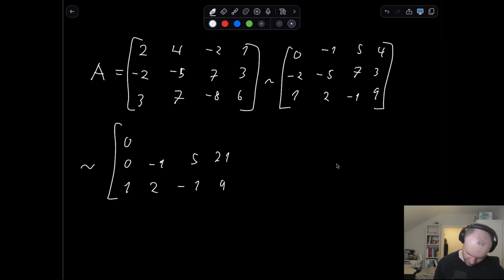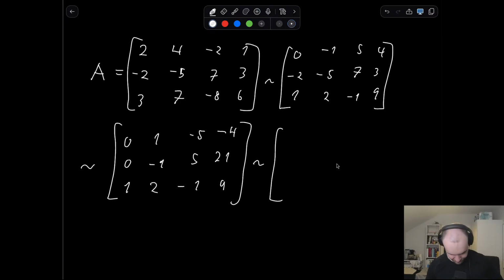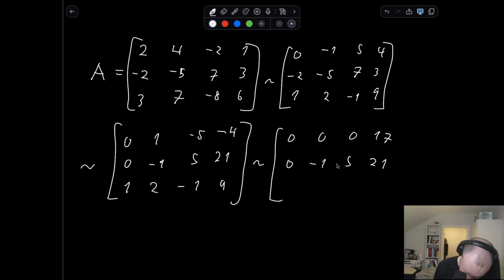And of course I can just multiply 1, minus 5 and minus 4, like that. Okay. Pretty neat. Then all of these are okay. Now I can just add the middle row to the top row. I get 0, minus 1 here, 5, 21. If I add that to the top row, I have 0, 0, 0, 21, and 17, like that.